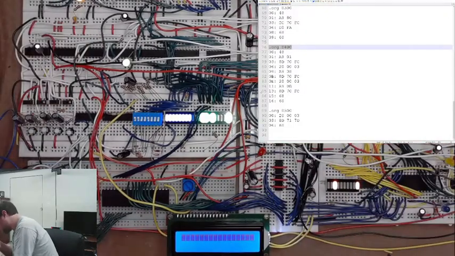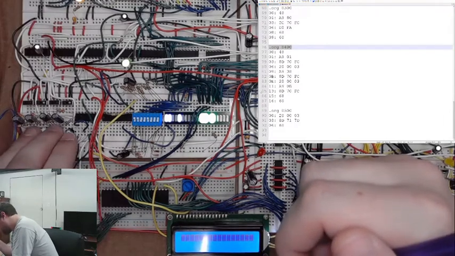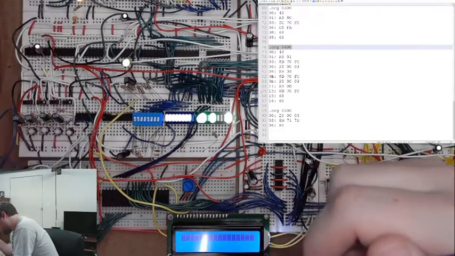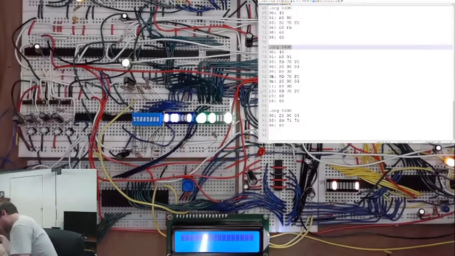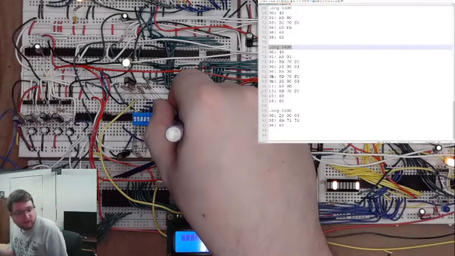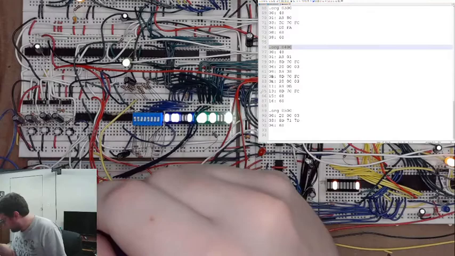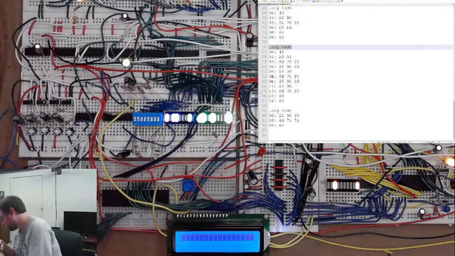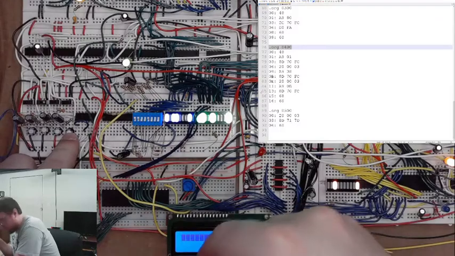Everything else is disabled. This. We can now re-enable this. Re-disable this. Okay, and what I should have here at 1, 3 is 8D. We do. Okay, so this one is correct.